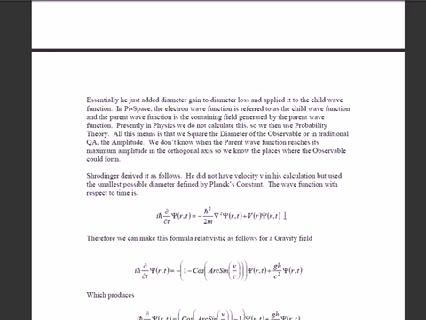It's used to calculate the probability of an electron inside an atom, a hydrogen atom initially, and other atoms, based on the quantum numbers and based on the wave function.